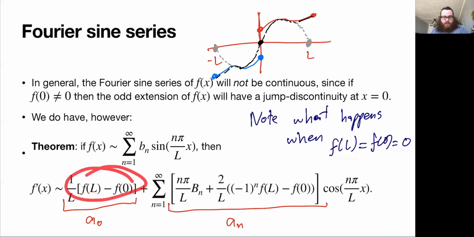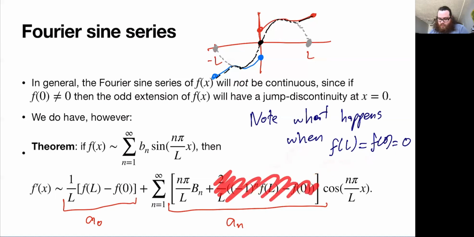So then this term goes away. And if we just differentiate this term by term, we wouldn't see a constant term. Likewise, if f of L and f of 0 are 0, then this is 0 and then this is 0. So then this whole thing goes away. And then this term is what we get just by differentiating term by term.